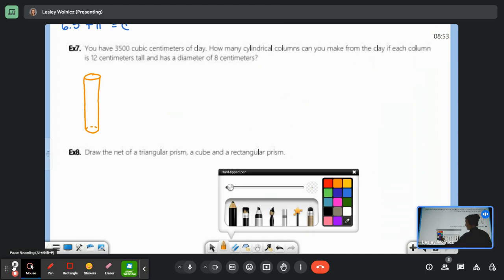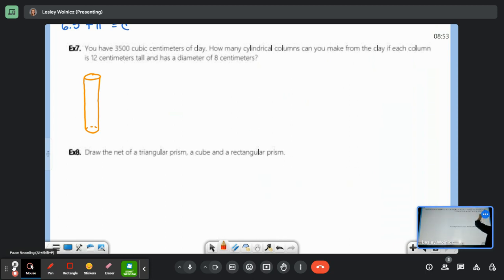All right, what is the radius of this one cylinder? Okay, if the diameter is 8, r is 4. Okay, what is its height? Okay, so this is a review problem. We have to take the base and multiply it by its height.